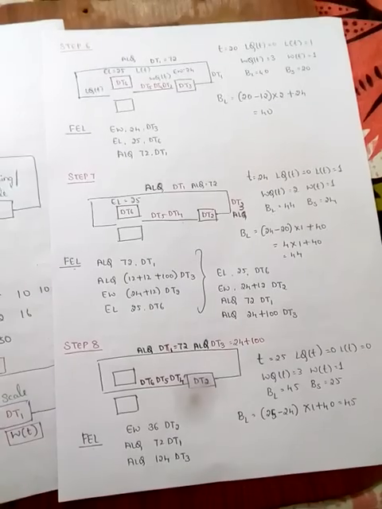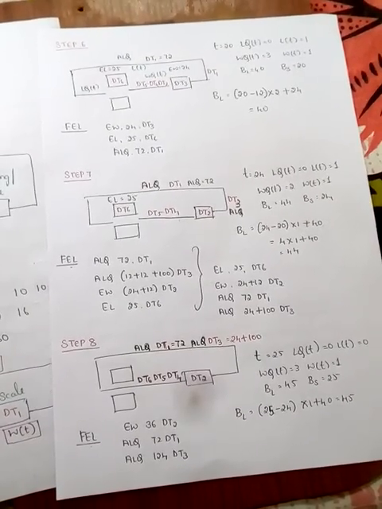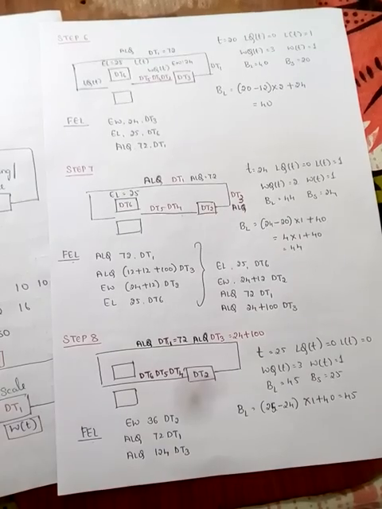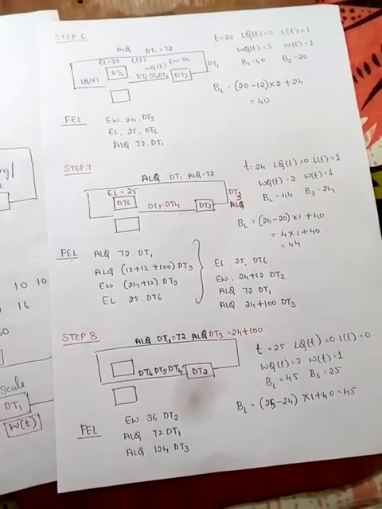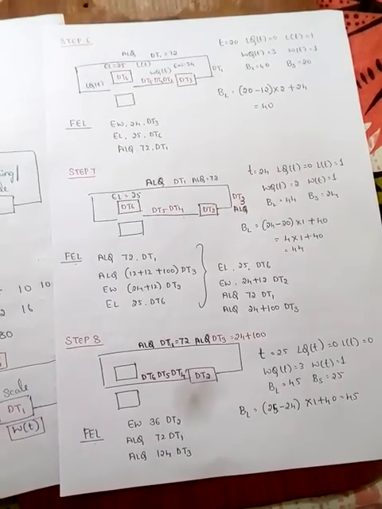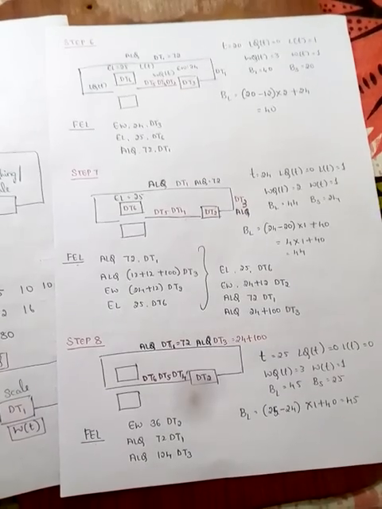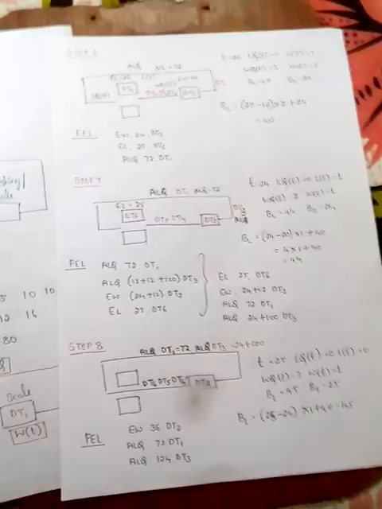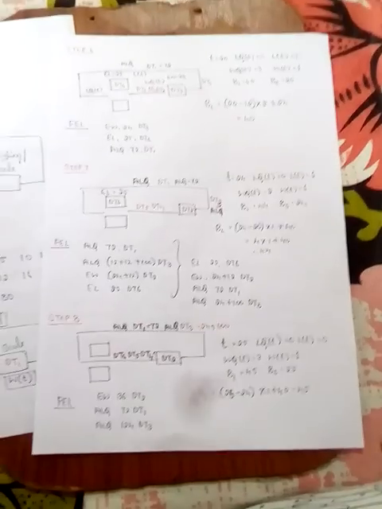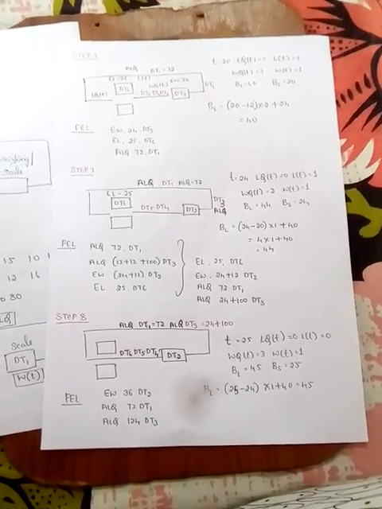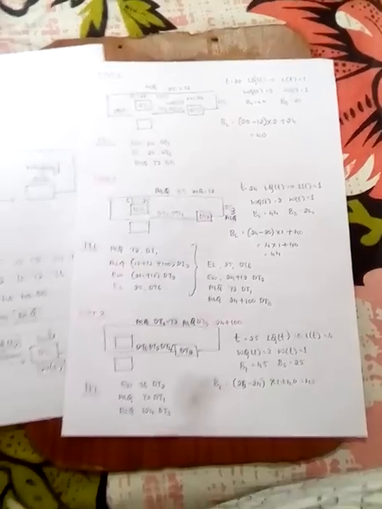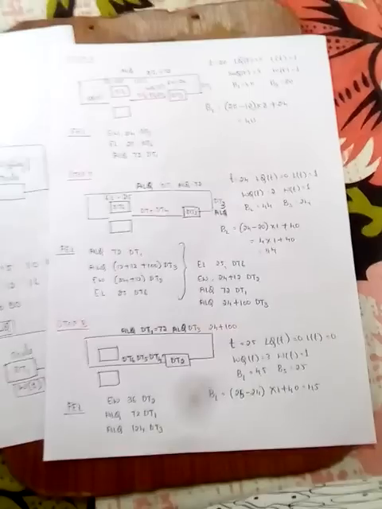EL comma 25 comma DT6, EW comma 24 plus 12 comma DT2, ALQ comma 72 comma DT1, ALQ 24 plus 100, then DT3. 24 plus 100 is your traveling time. Now here my least value is 25, the value of my DT6. That is the clock time for my next process, step 8.